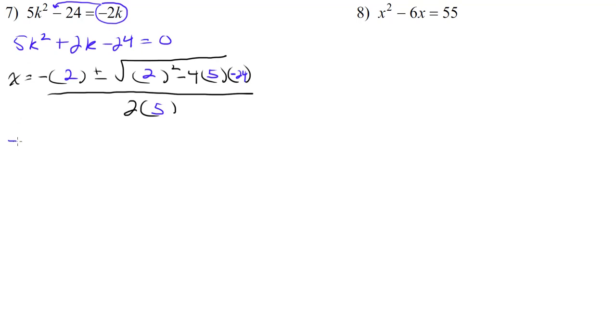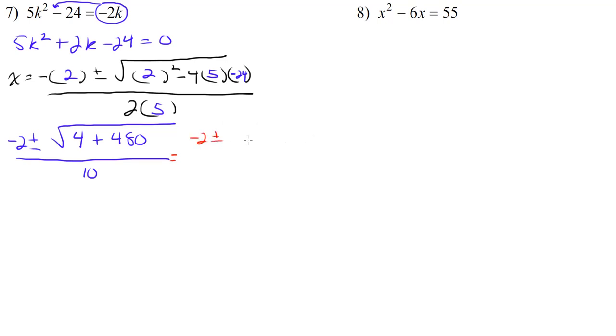So we have here negative 2 plus or minus 2 squared is 4. Negative 4 times 5 is negative 20. And negative 20 times negative 24 is 480. Over 2 times 5 is 10. 4 plus 480 is 484.